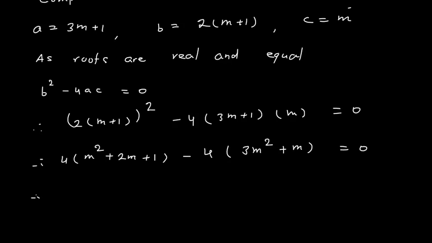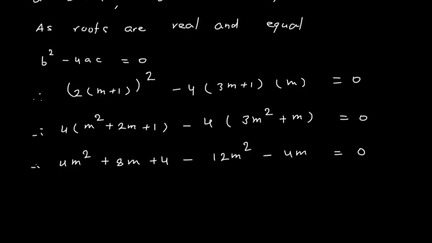So therefore now here I have 4m square plus 8m plus 4 minus 12m square minus 4m is equal to 0.